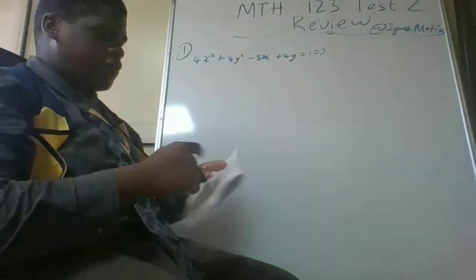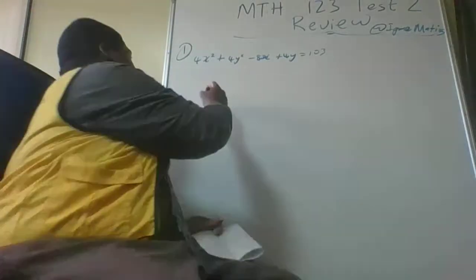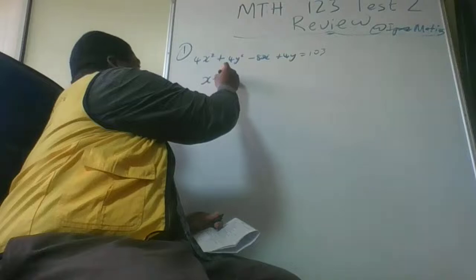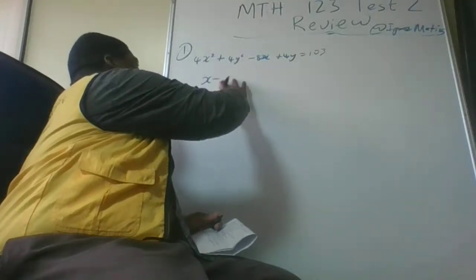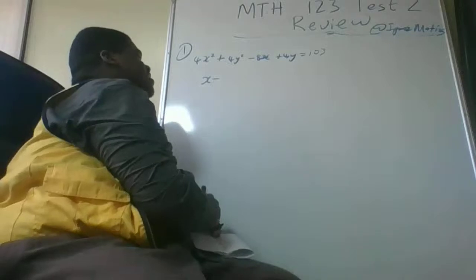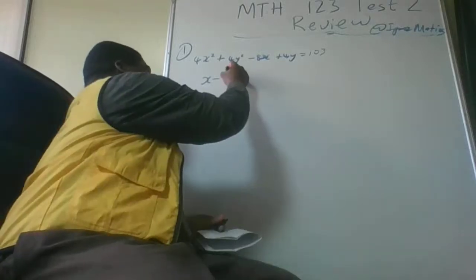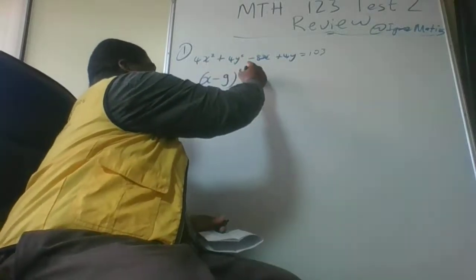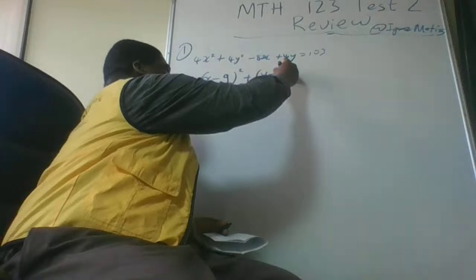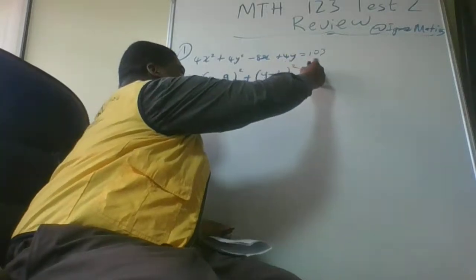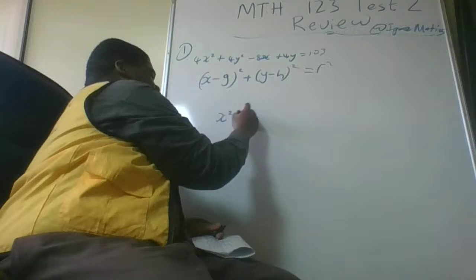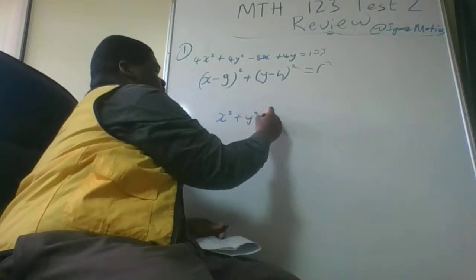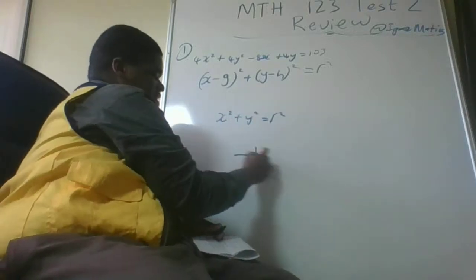The standard form for this type of question is x minus g, all squared, plus y minus h, all squared, is equal to r squared. It's actually going to be x squared plus y squared is equal to r squared if it's at the center.